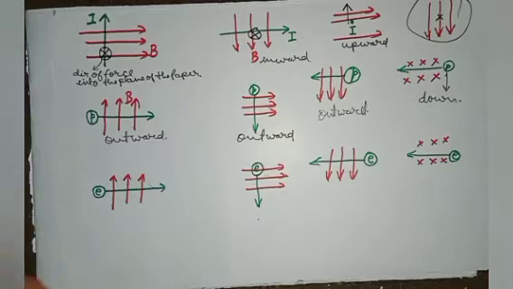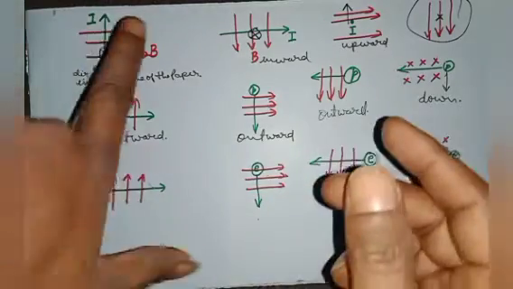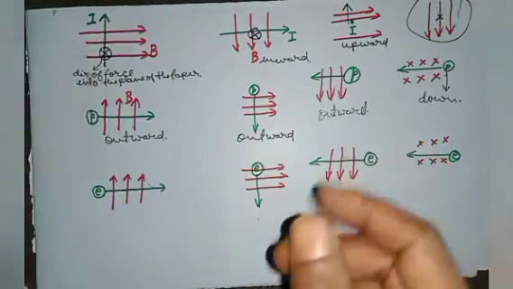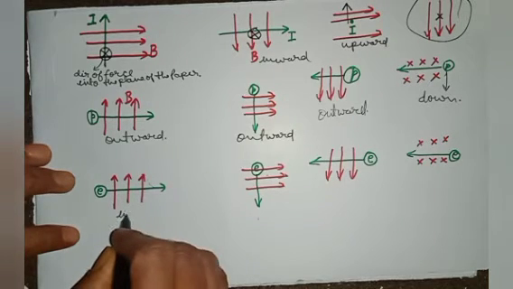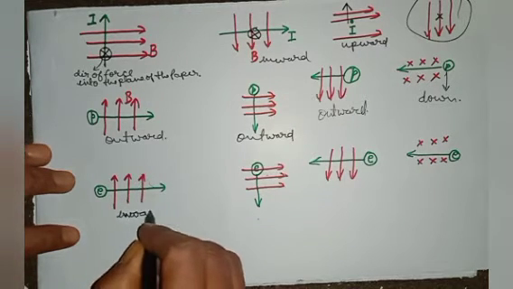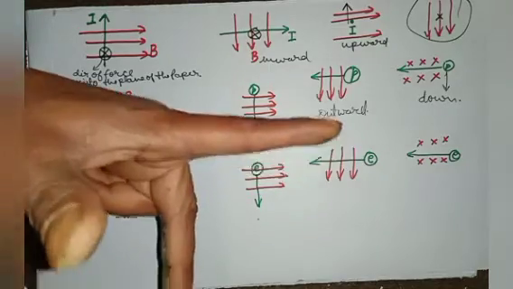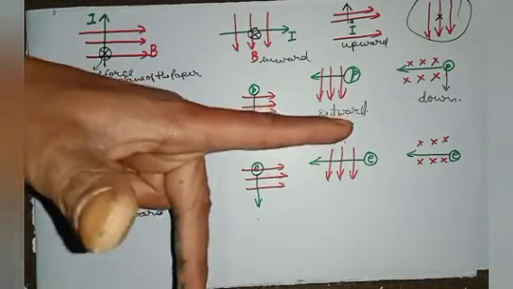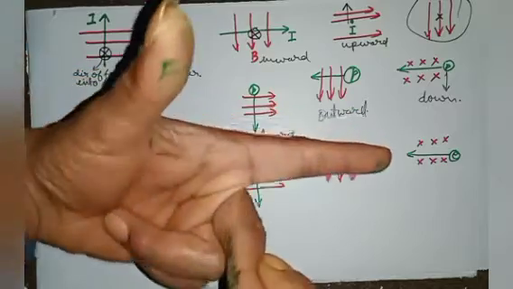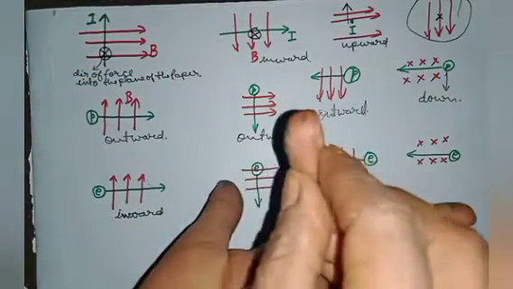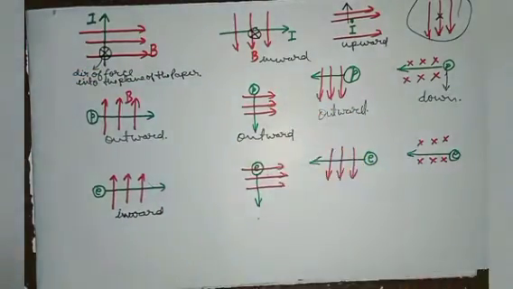So the direction of force is inward. Okay, magnetic field this way, electrons are going downward, but according to the rule we have to change the direction, and once again the direction of force is inward.